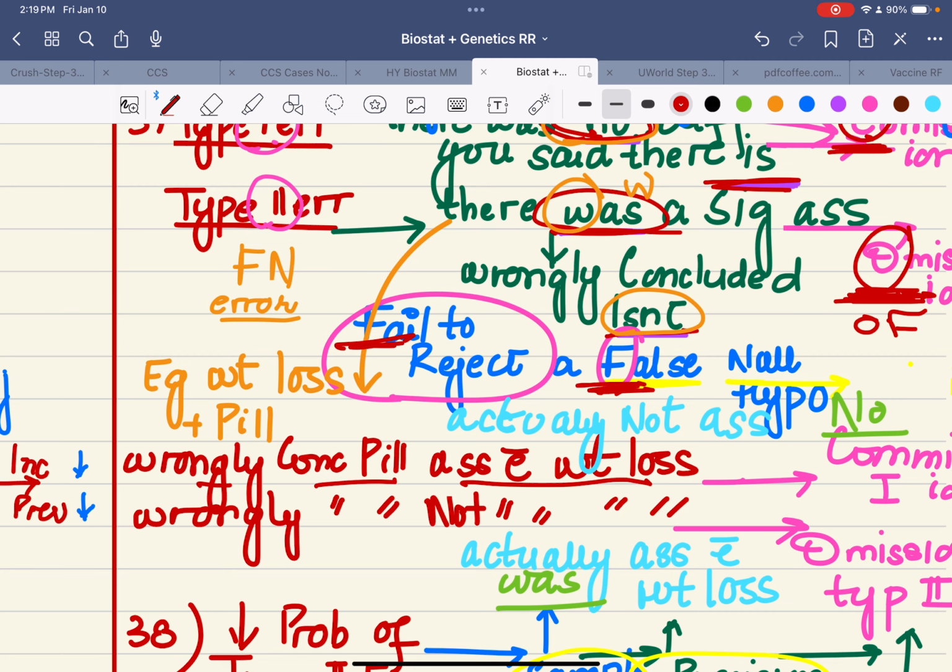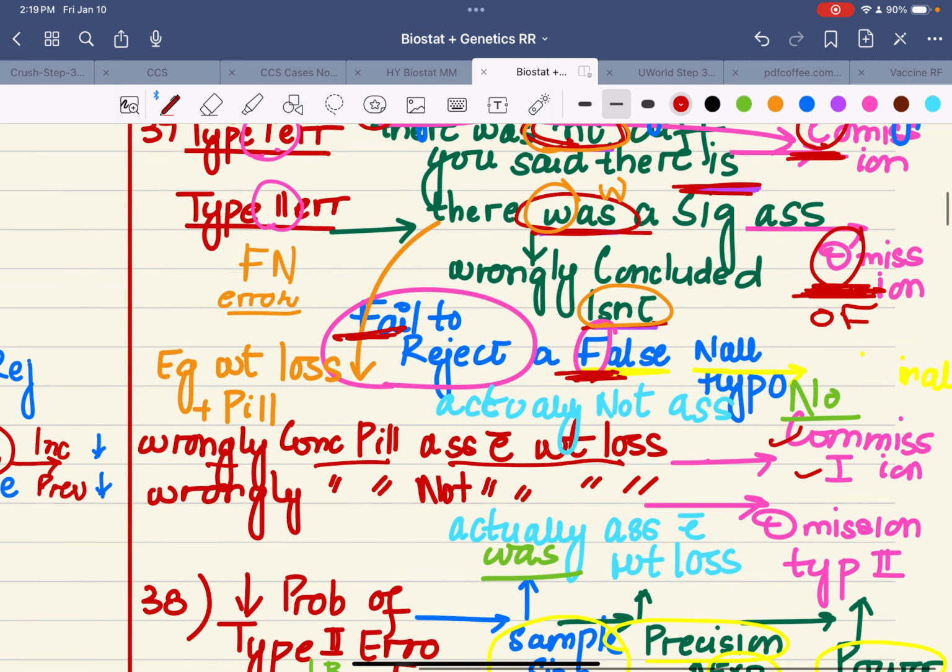This is an error of commission, also known as a type 1 error, also known as a false positive error. Whereas if you wrongly concluded that the pill is not associated, what does that mean? It means that it actually was associated, we remembered it with the W, it actually was associated with weight loss. So when it was associated but you said that there isn't, this is an error of omission, a false negative or a type 2 error.